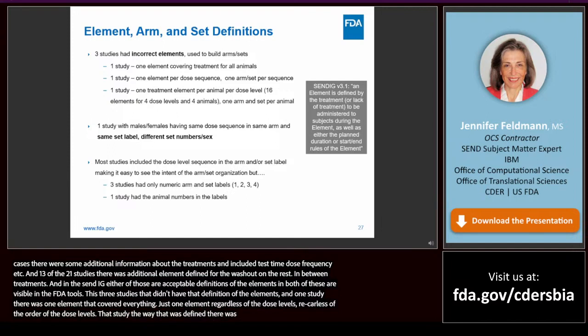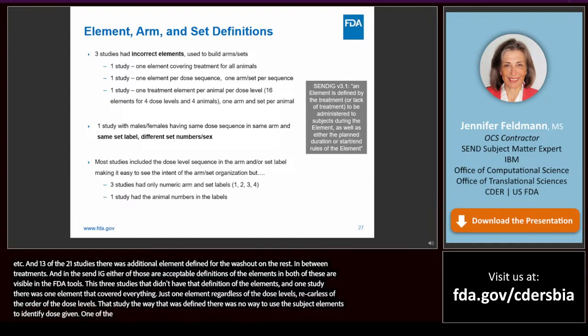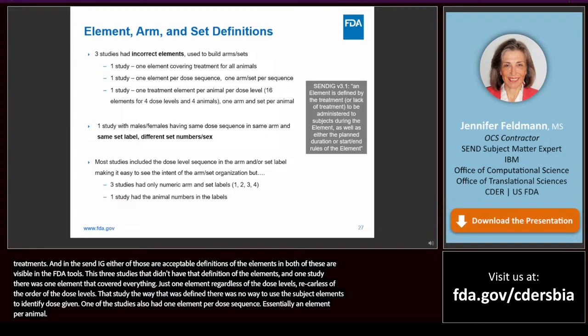One of the studies also had one element per dose sequence, essentially an element per animal. And then that one element was included in one arm or one set. That too, there was no way in the element definition to identify the dose level there.